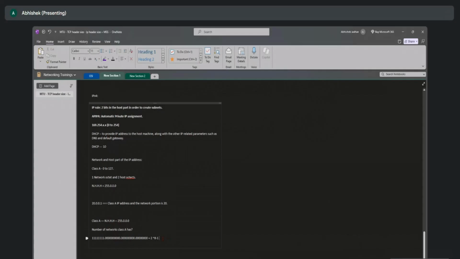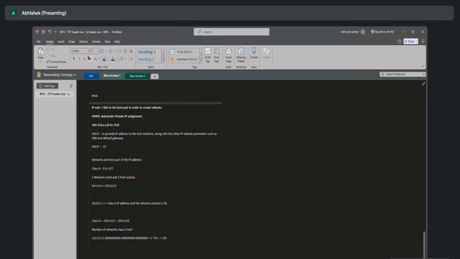So this will be equal to 255, and that cannot be right. 2 to the power of 8 minus 1 should be 128, right? So here I am mentioning it as 2 to the power of 8 minus 1.